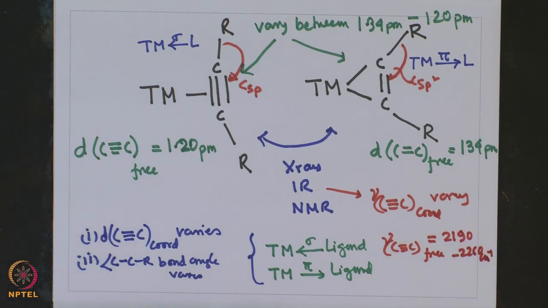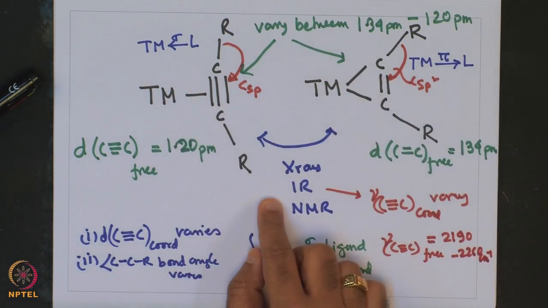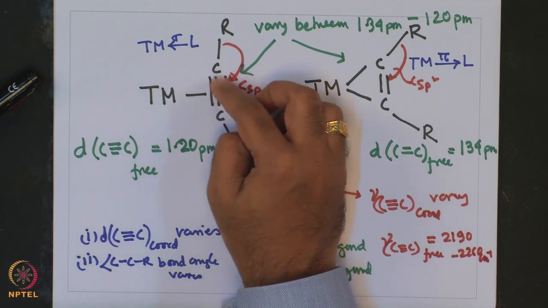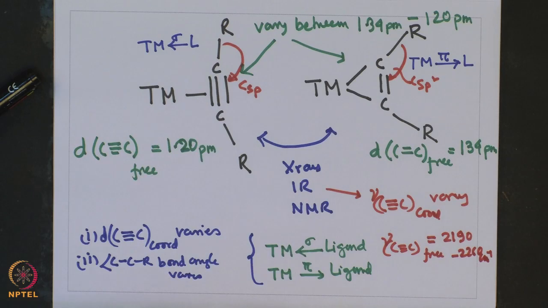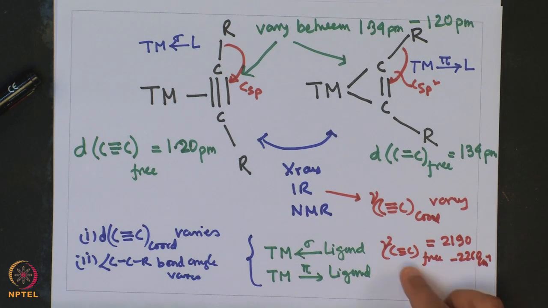So, as a result of these two structures, in infrared spectroscopy one can see the C triple bond C stretch to be significantly reduced compared to the stretch of the free, uncoordinated acetylenic moiety, which comes around 2190 to 2260. So, one can look at these IR, NMR and X-ray assignments, and distinguish between these two forms of the alkyne compounds depending on the change in the bond length and bond angle, which results from the interplay of these two interactions, leading to a change in the hybridization of the carbon.